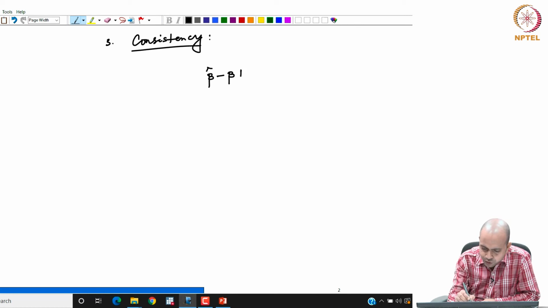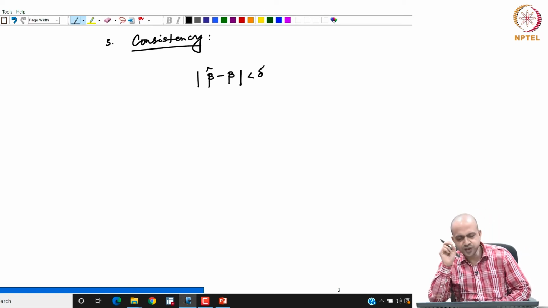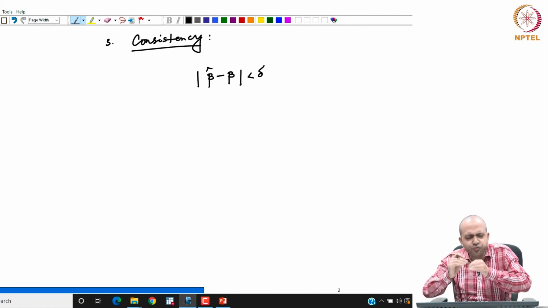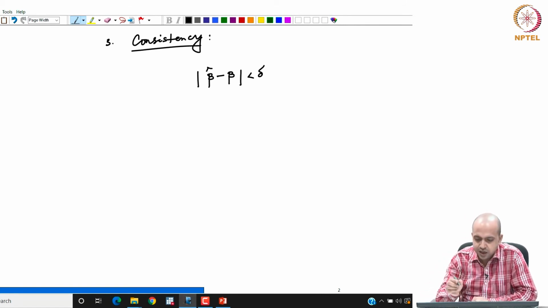So, the difference between these should be minimum. It should be less than delta, where delta is a very small quantity, smaller than whatever you can actually imagine.